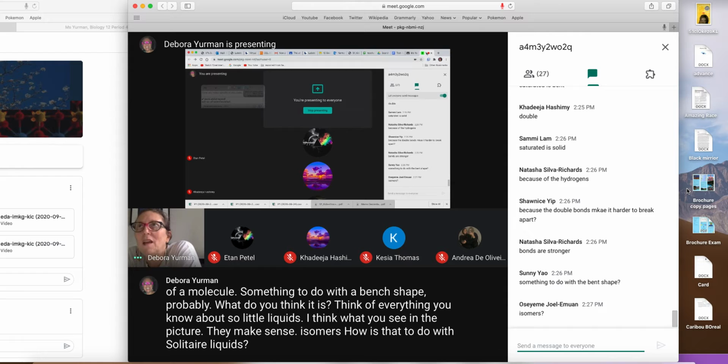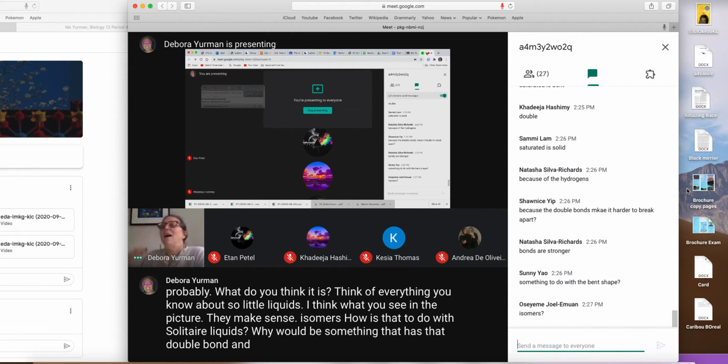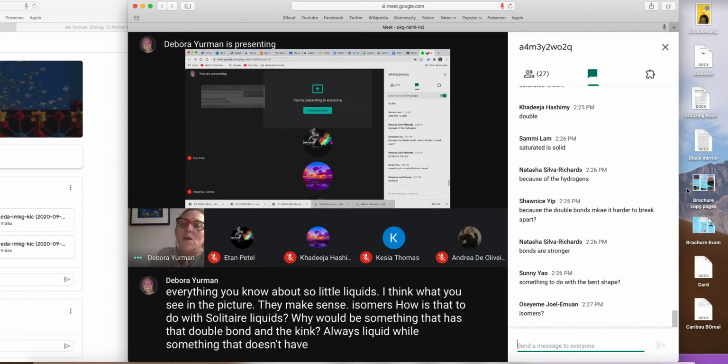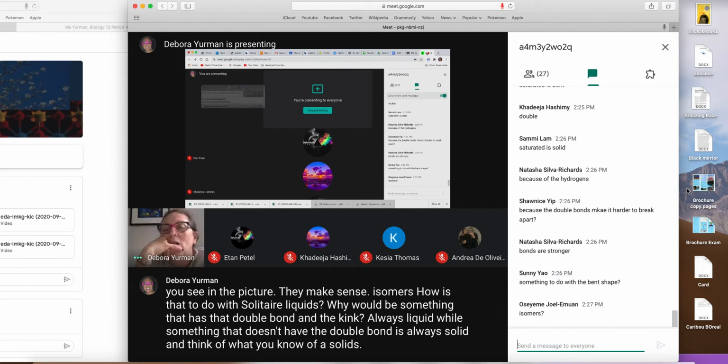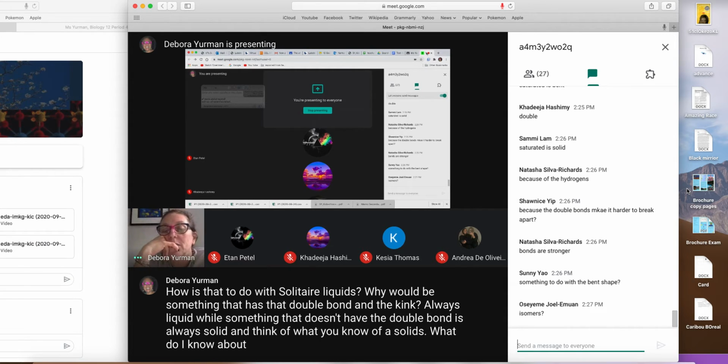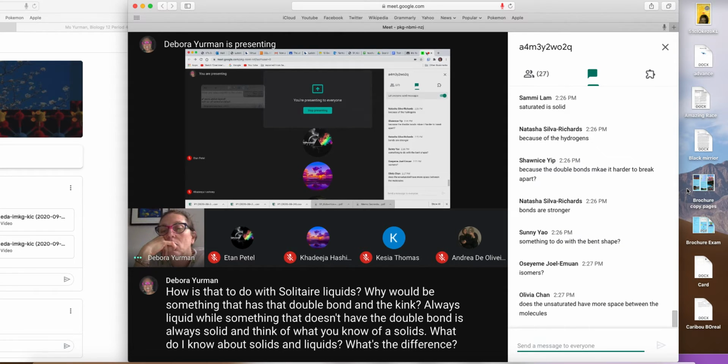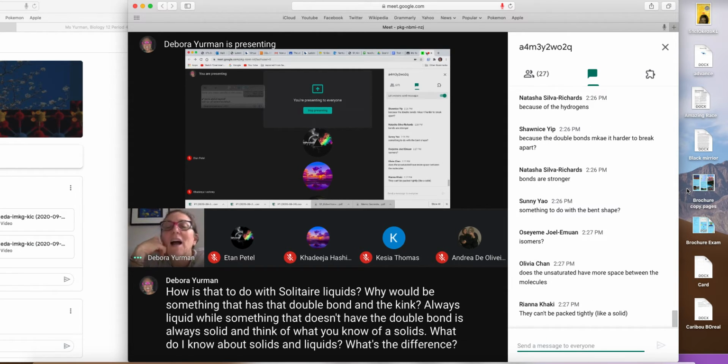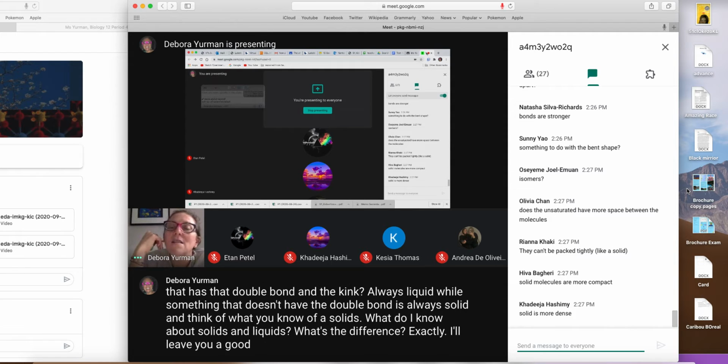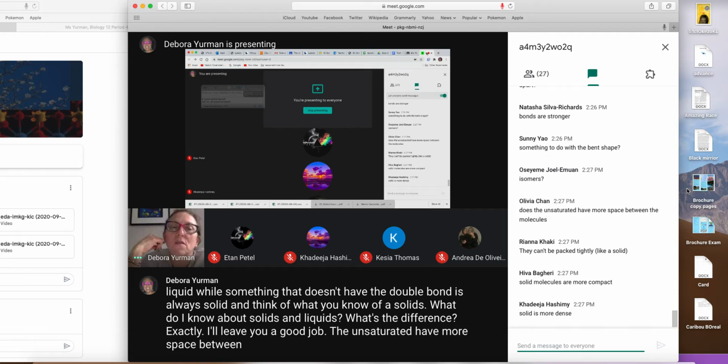Why would something that has that double bond and the kink always be liquid, while something that doesn't have the double bond is always solid? And think of what you know about solids and liquids. What do I know about solids and liquids? What's the difference? Exactly, Olivia, good job. The unsaturated have more space between the molecules.